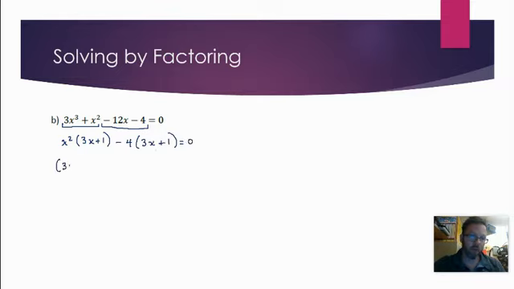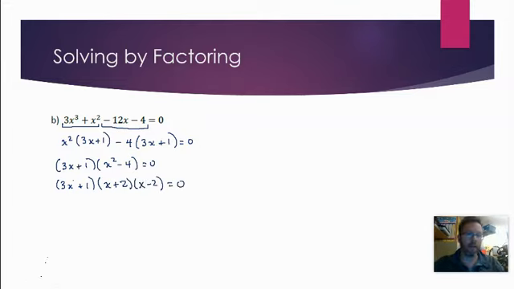That binomial factor of 3x plus 1 we can write out front, and then we have x squared minus 4 left over. And we can continue factoring because, of course, x squared minus 4 is the difference of squares. x plus 2, x minus 2, equal to 0. And then you can get your possible solutions by setting each factor to 0.